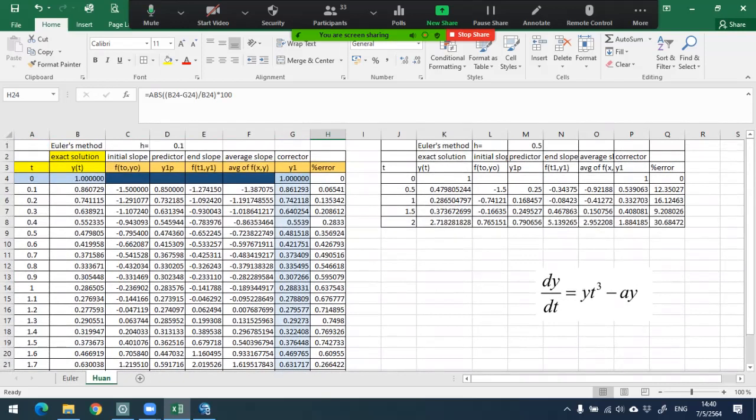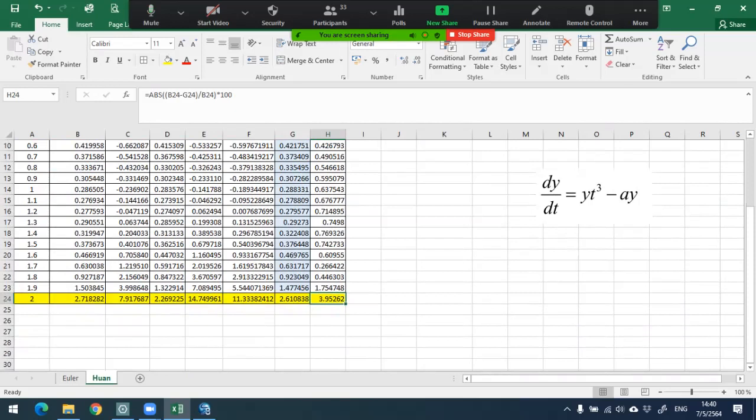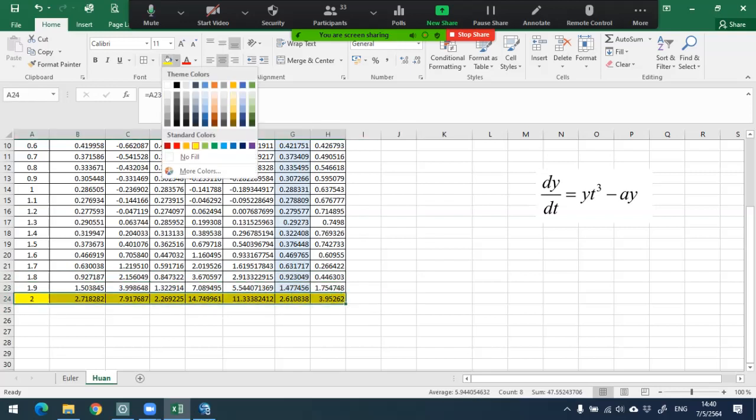For example, if the error of the first iteration is in the order of 0.1%, then for the next time step, the error should be in the same order. That is acceptable. But for this case, the error grows as the time step grows. Okay, if we do it again, not stopping at time equal to 2.